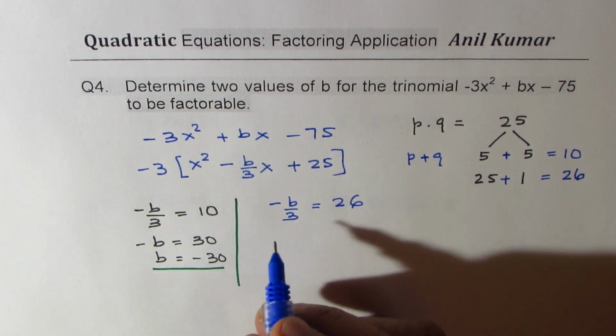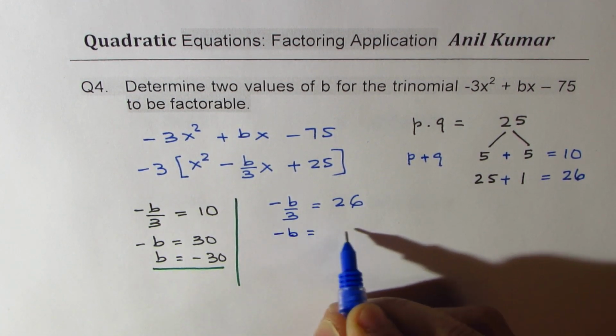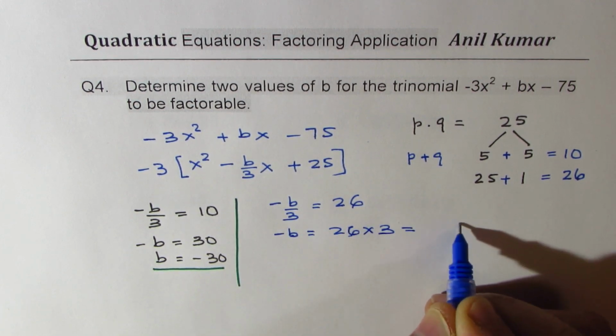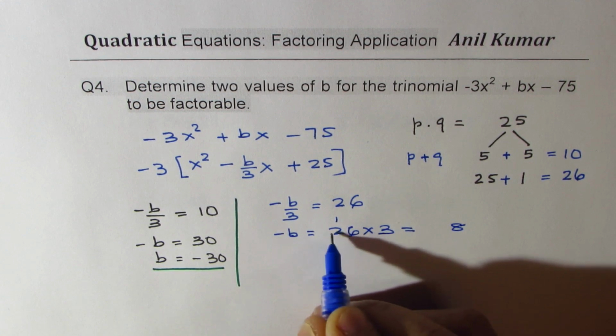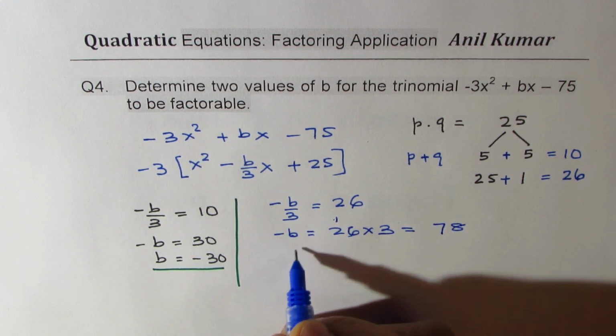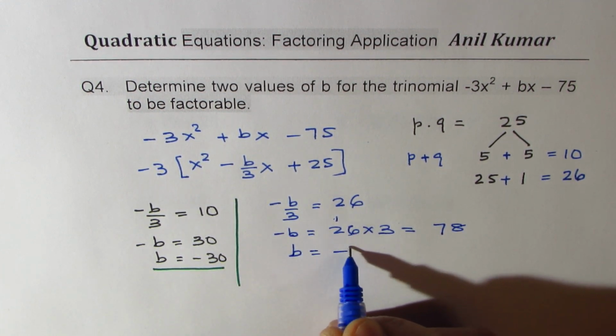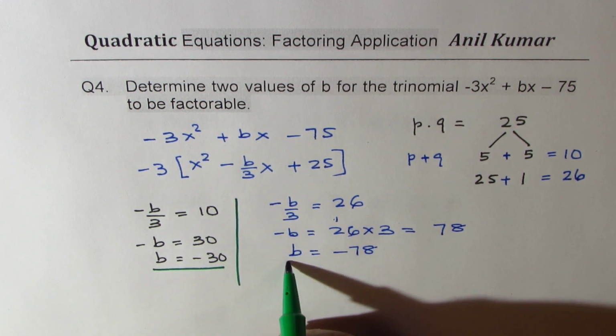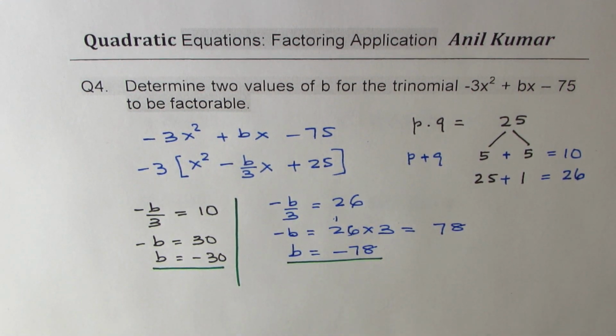So when you add, you get this. So you get minus b equals to 26 times 3, which is 3 times 6, 18, and 3 times 2, 6, and 1, 78. Or b equals to minus 78. So that is the other solution for you. So you could get these two values of b as your answer.